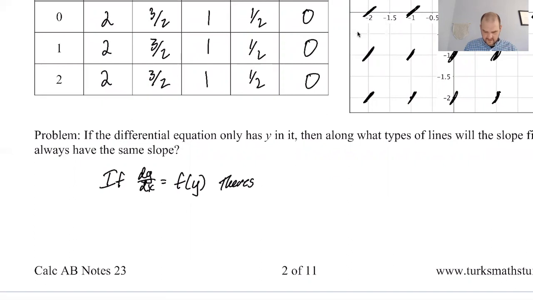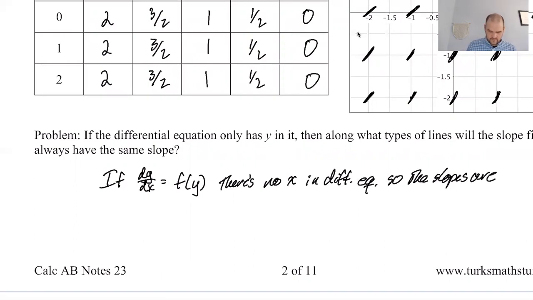There's no x in the diff EQ, so the slopes are the same along horizontal lines.